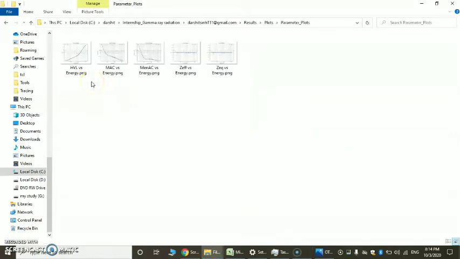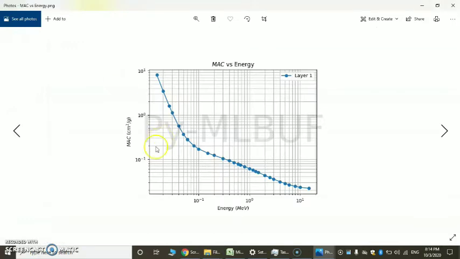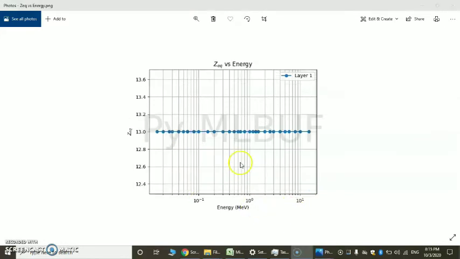For parameter plots we have 5 plots, like HVL versus energy, mass attenuation coefficient versus energy. So let's go to this plot. This is mass attenuation coefficient versus energy. This is Z equivalent versus energy.